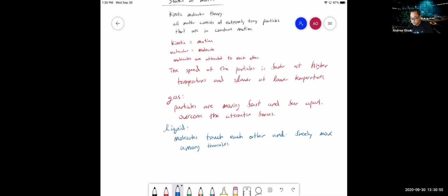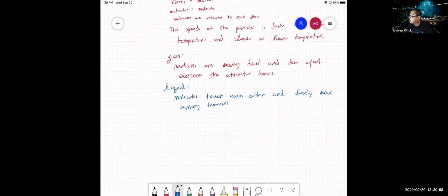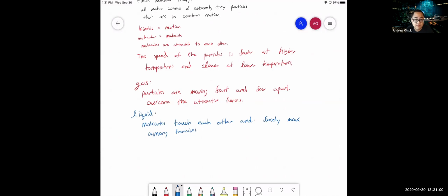Okay, so now we have a solid. In the solid state, molecules vibrate in fixed positions. What I mean by that is the molecules don't want to stay fixed, so when you start heating them, they'll vibrate.